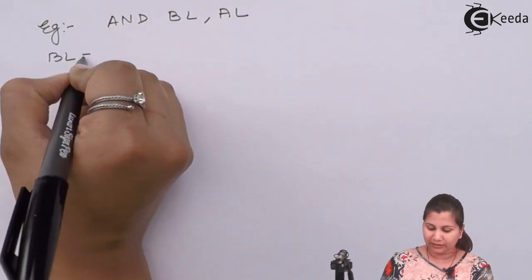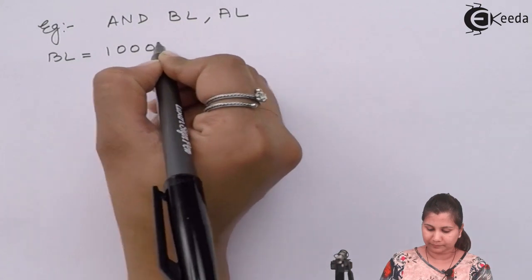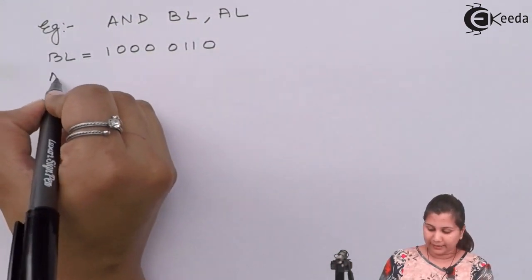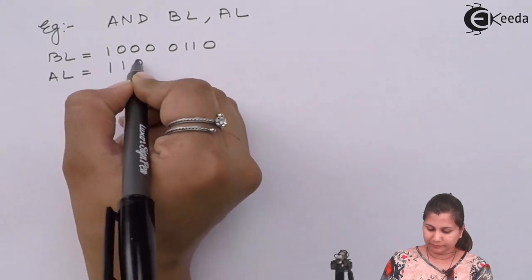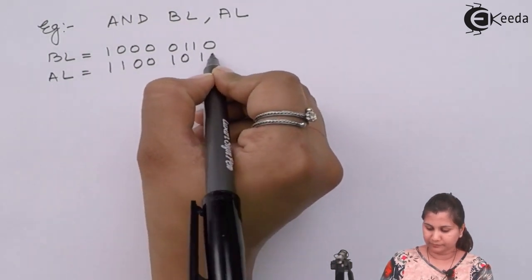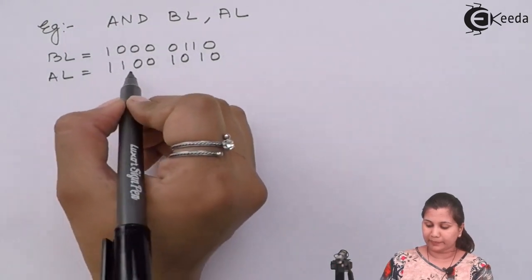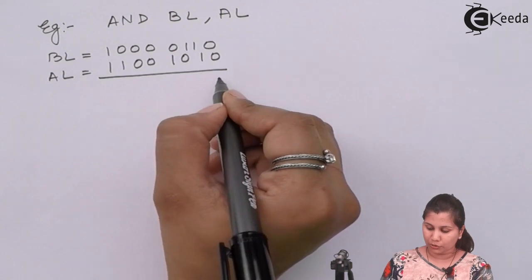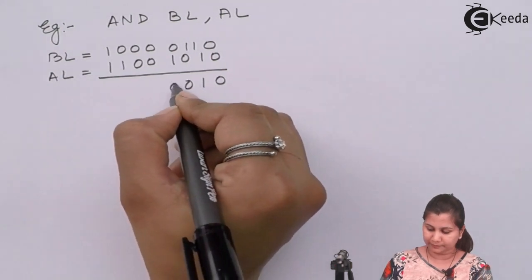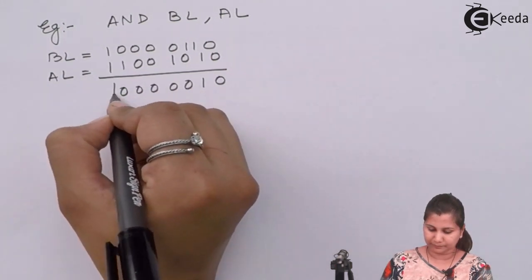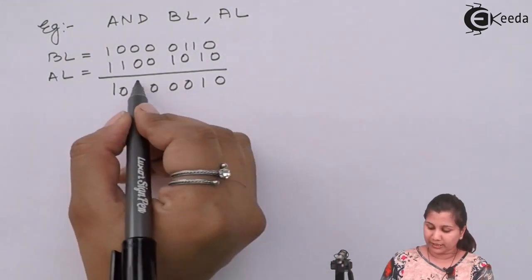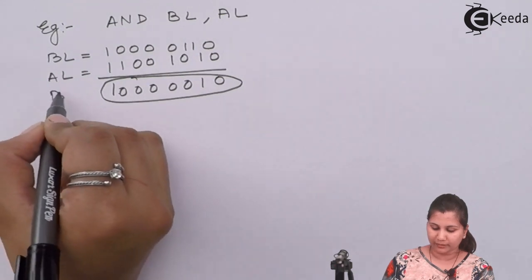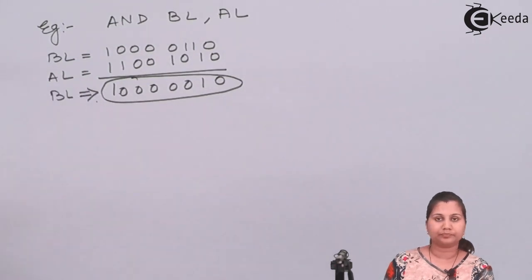Suppose BL has this content and AL has this, then the bits of both registers will be ANDed with each other, and the result of this operation will be stored in the BL register.